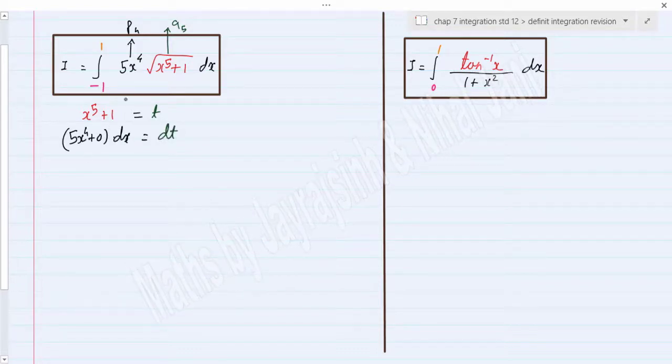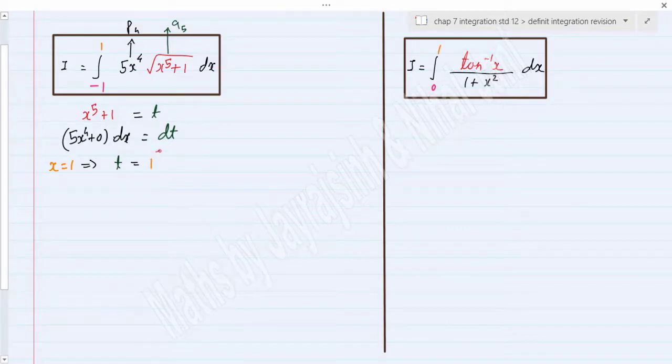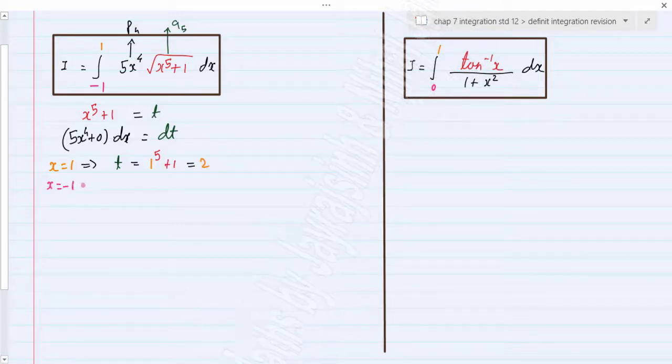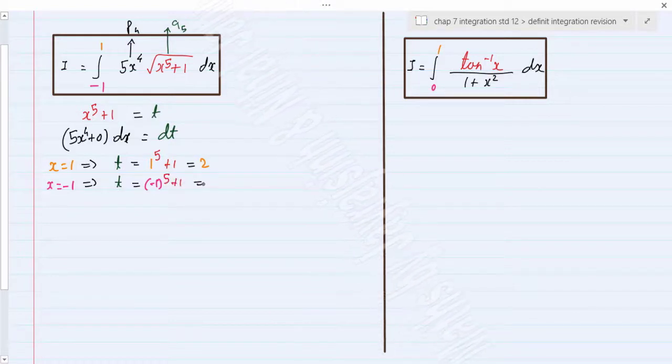Now we should change the limit also. For x is equal to 1, we will get t is equal to 1 raised to 5 plus 1, or we can say 2. Similarly, for x is equal to minus 1, we will get t is equal to minus 1 raised to 5 plus 1, or we can say 0.